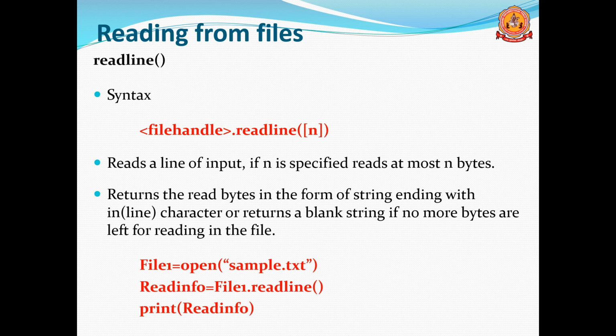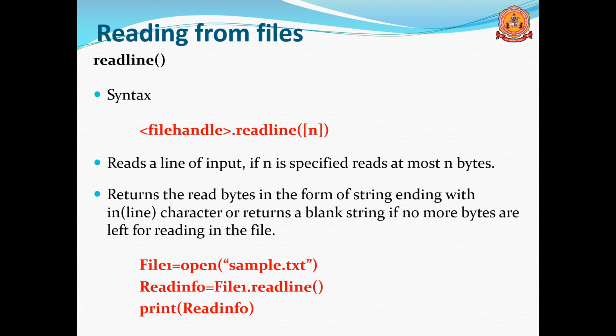It returns the read bytes in the form of a string. Remember, it will read the data in the form of a string ending with a newline character, or returns a blank string if no more bytes are left to read in a file. Whenever you read the data, one line of data is read, as a string.